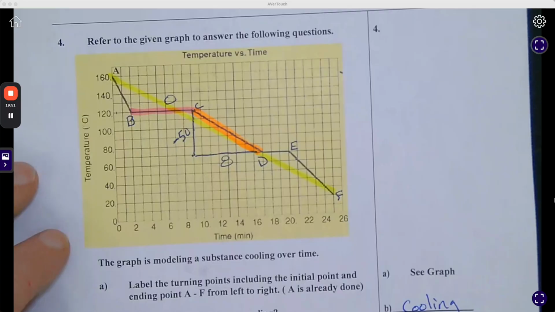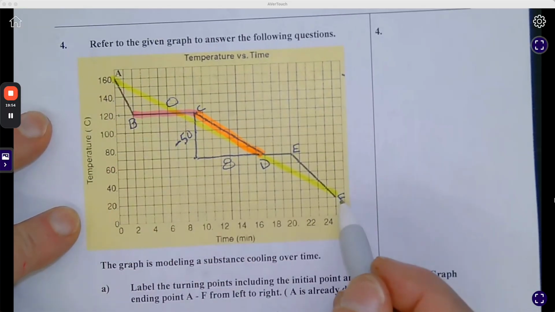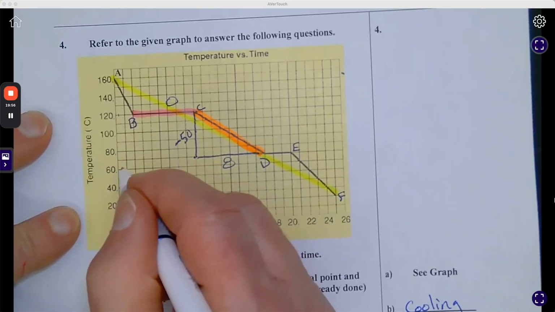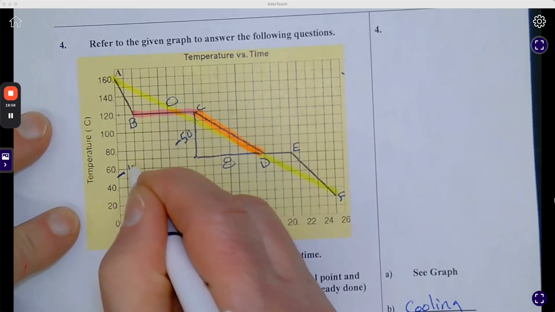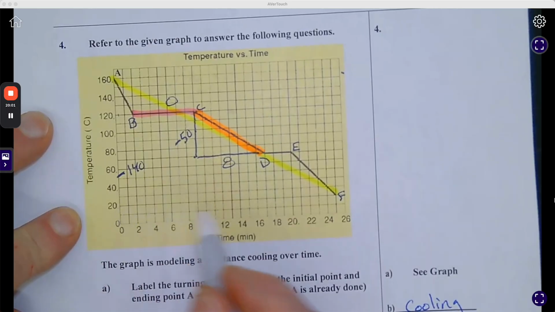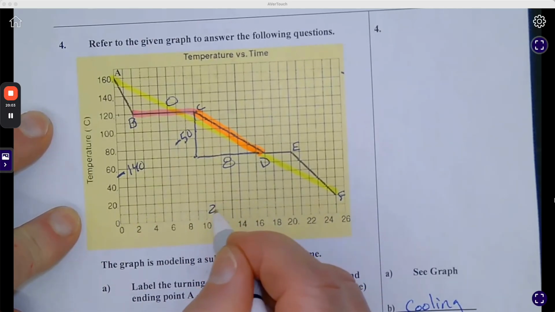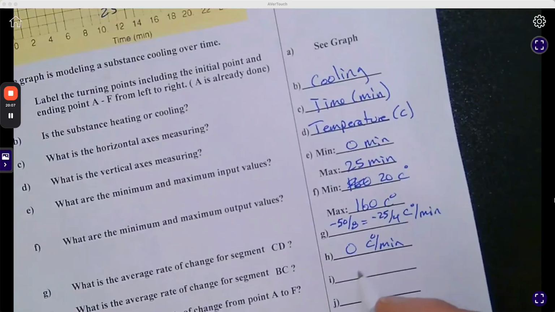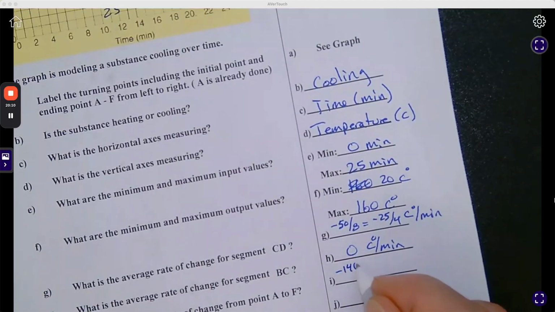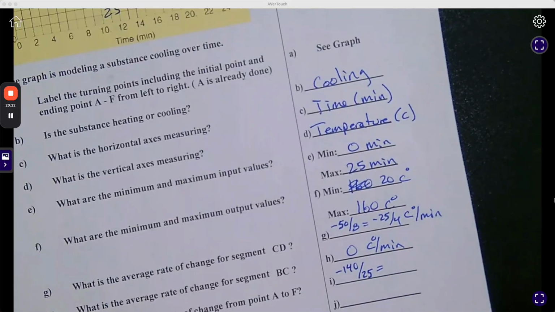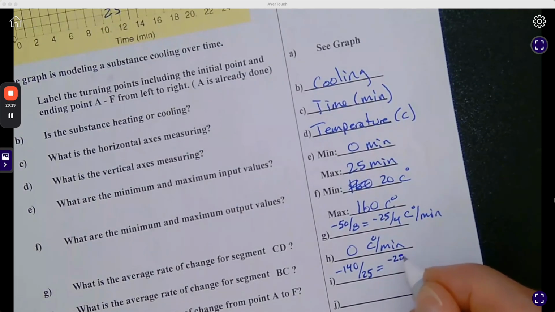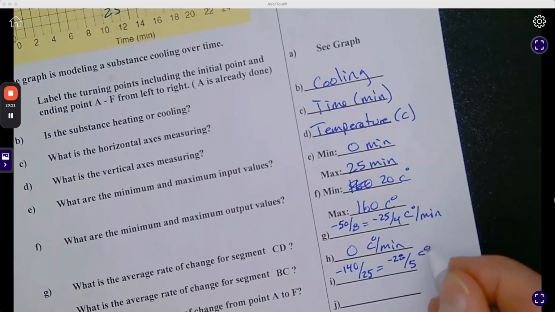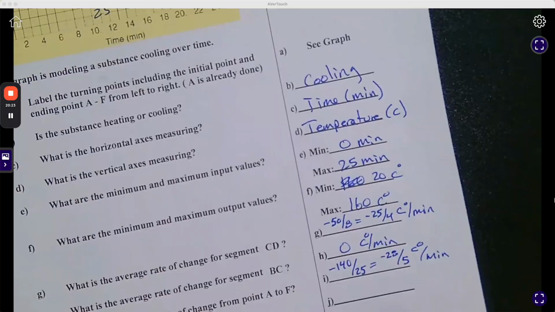So, notice the change from there to there is from 160 to 20. So it's down 140. From there to there, it's a positive 25. So my slope from A to F is negative 140 over 25. Put that in your calculator, turn it to a fraction that is in reduced form, and you're going to get negative 28 over 5 Celsius per minute.